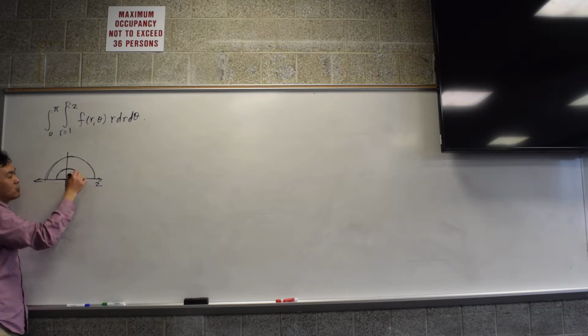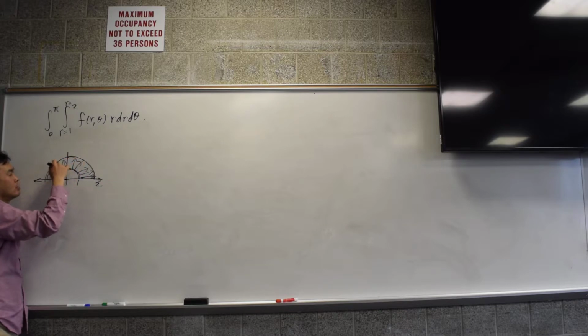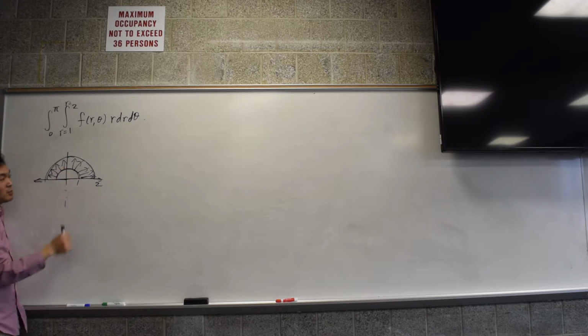So you're painting this way. dr means change in the r direction. So it's painted this way. Therefore, you get this entire half donut. Okay? So that's the domain of integration.